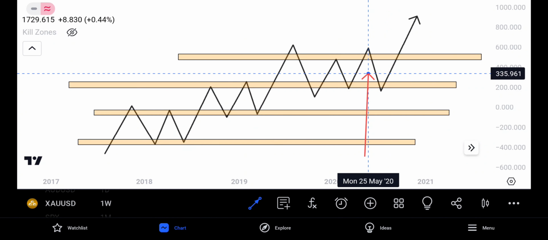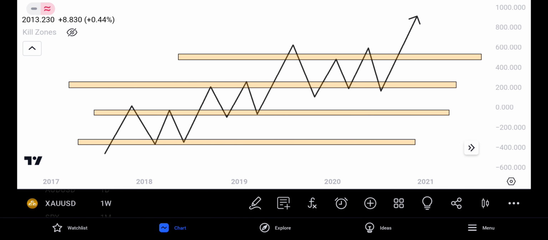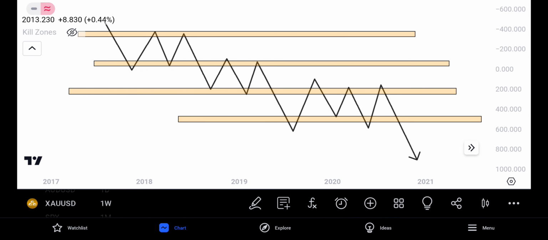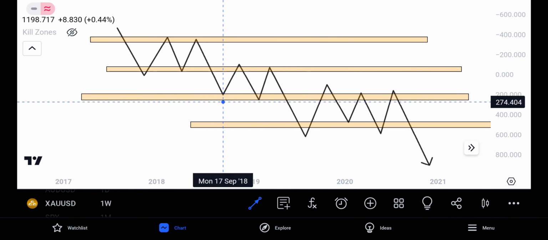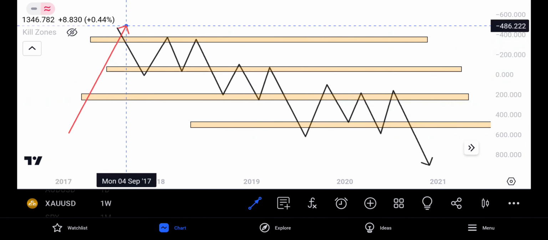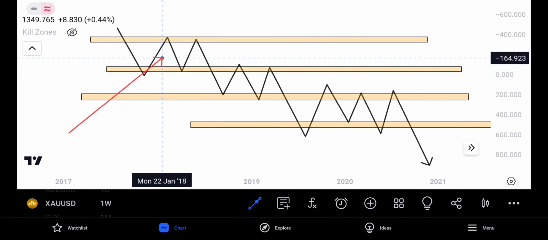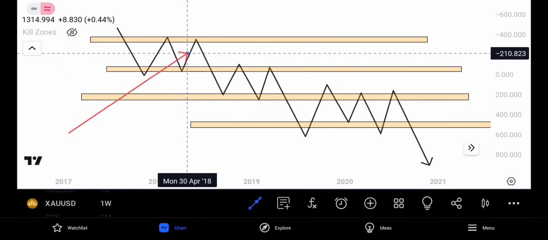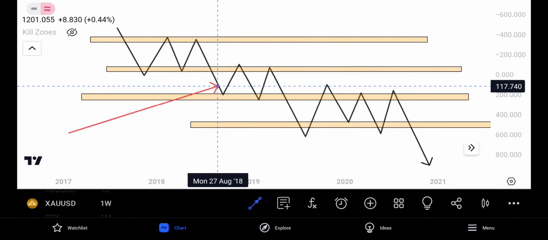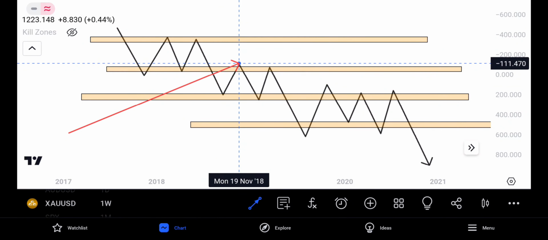Now that you've understood what a typical uptrend market looks like, this is how it looks on a downtrend market, right? So this is how a typical downtrend market looks like. So price is creating lower lows and lower highs, and in between these highs and lows, there's always this range before creating new lower lows and lower highs.